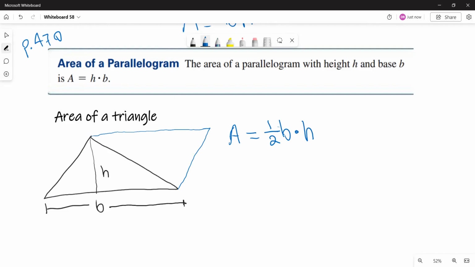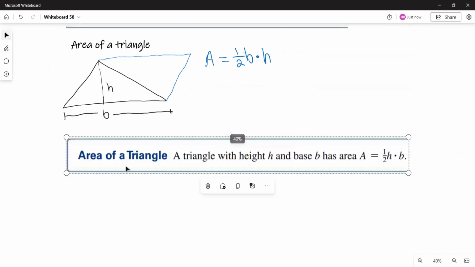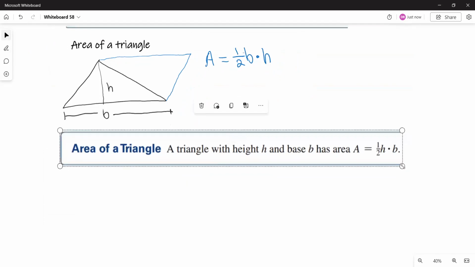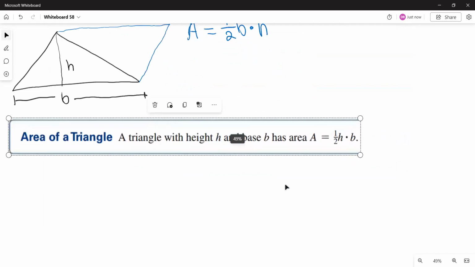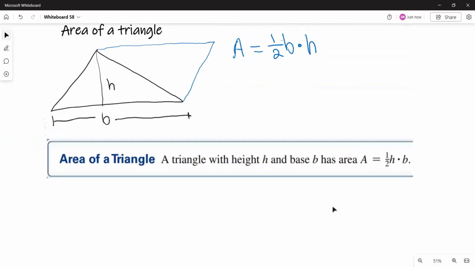So that's a formula that I'm sure you have seen, but I'm going to copy it anyway. You can derive this from the formula for the area of a parallelogram. And a triangle with height h and base b has area 1/2 times height times base or base times height. That's also on page 270 or 470.